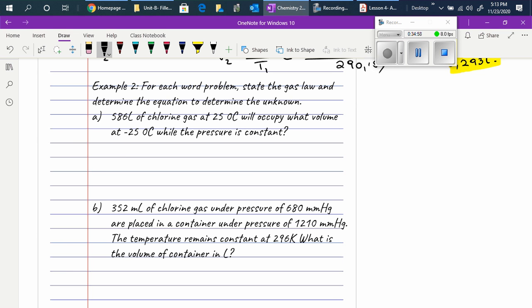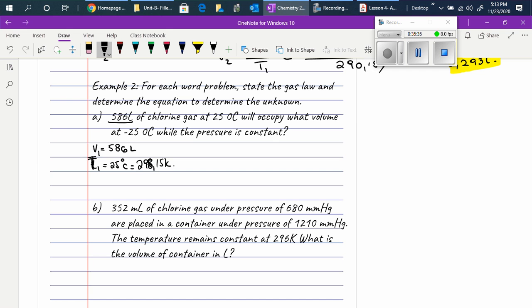For each of the word problems, state the gas law and determine the equation to find the unknown. Okay, so now we have volume 1, 586 liters at a temperature 1 of 25 degrees Celsius, which when we convert into Kelvin will be 298.15 Kelvin as T1, a capital T because we are dealing with Kelvin.